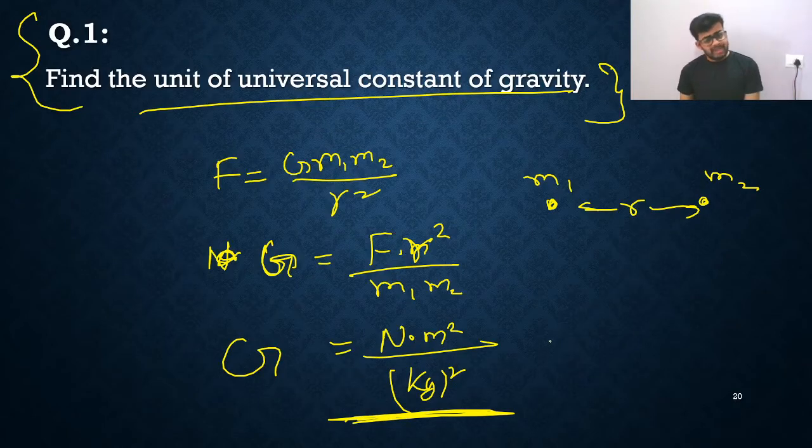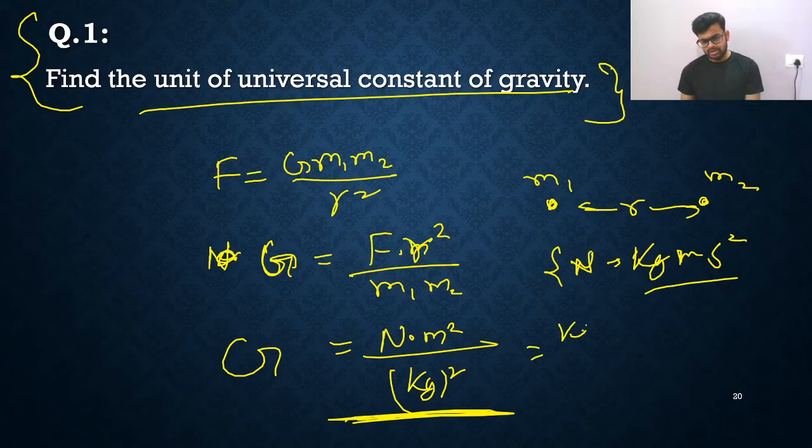If someone asks you to find the unit of G in fundamental units, you know Newton can be written as kg meter per second square. Write it here: kg meter per second square, and this is meter square.